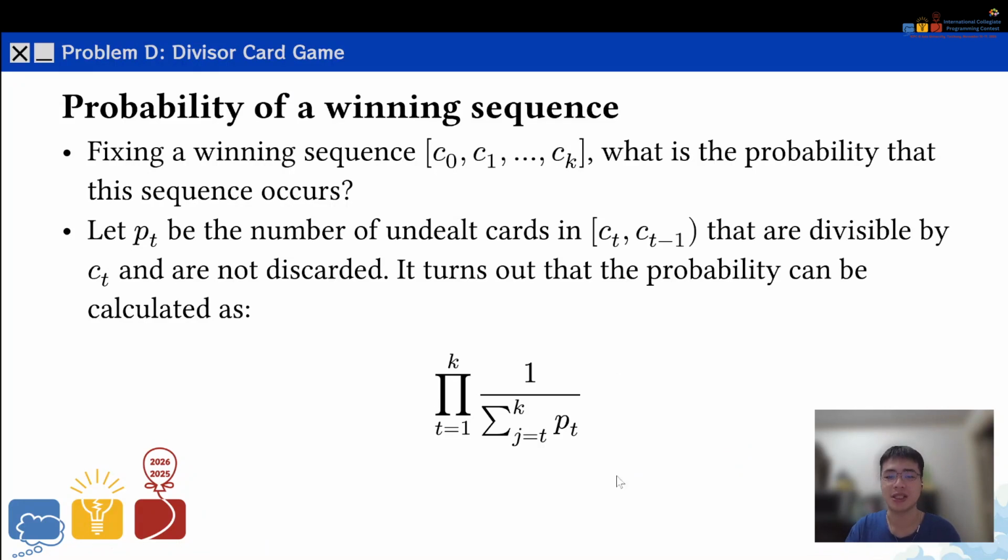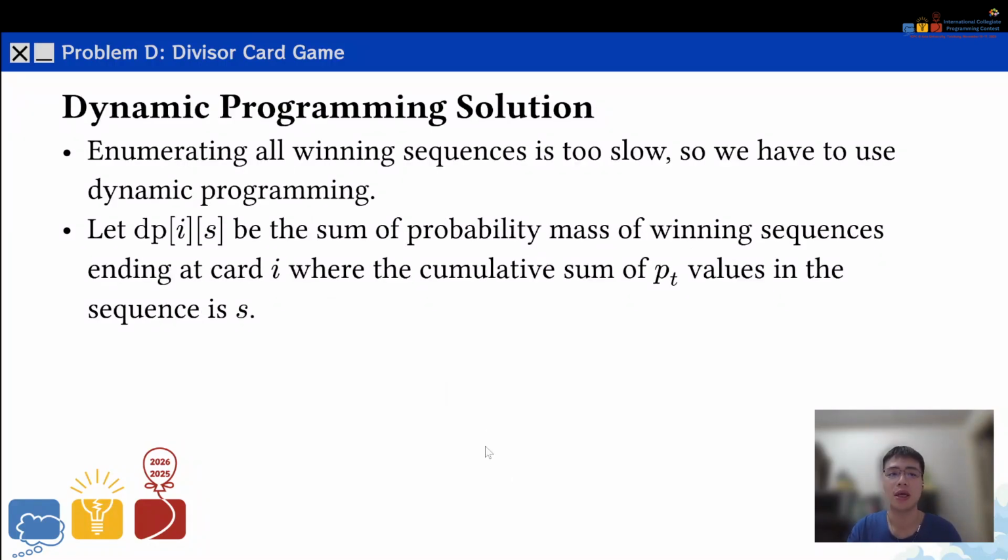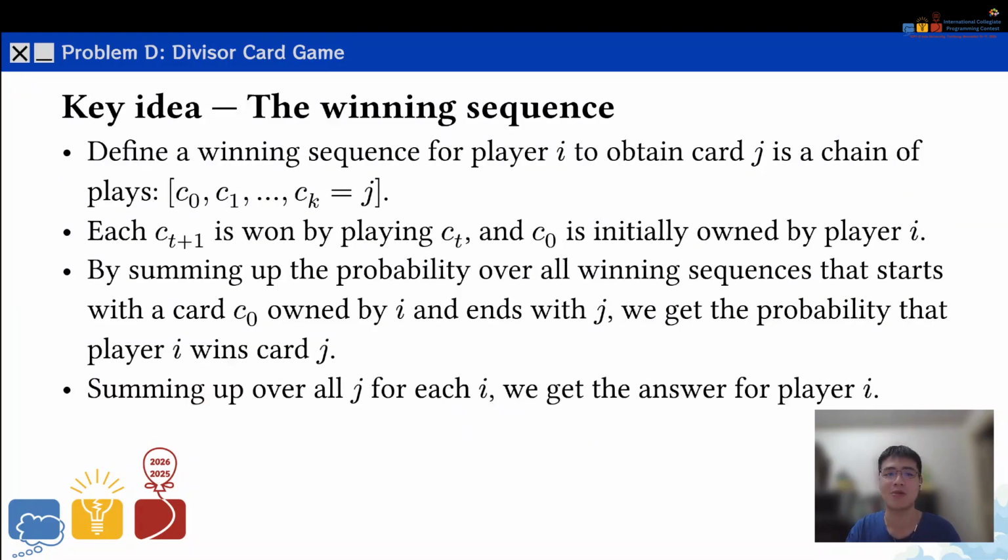This formulation suggests a pretty simple dynamic programming solution. Enumerating all winning sequences is too slow, because there could be a lot of them, so we use dynamic programming to speed up our solution. Let DP[I][S] be the sum of probability mass of winning sequences that start at card I, because we do it in reverse order.